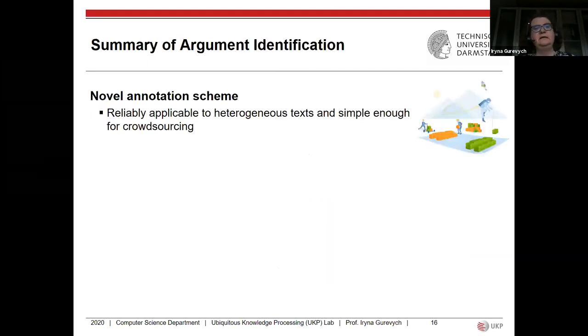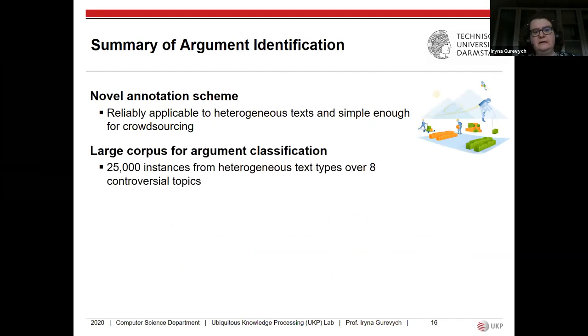So in summary of the argument identification research, I'd like to point out that we have proposed a novel annotation scheme which is reliably applicable to heterogeneous texts and simple enough for crowdsourcing. And we have proposed a large new data set for argument classification with 25,000 examples over 8 controversial topics.